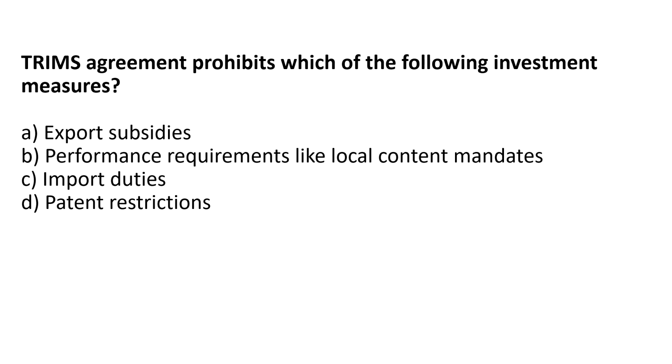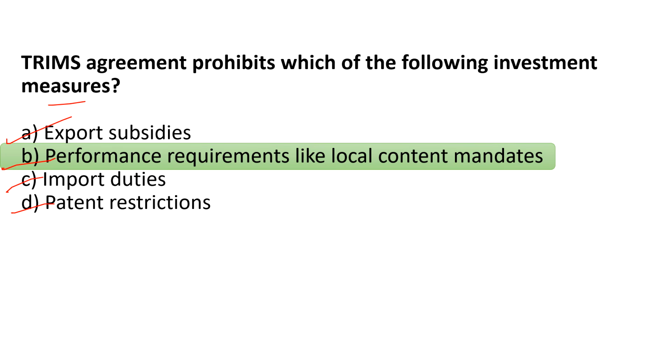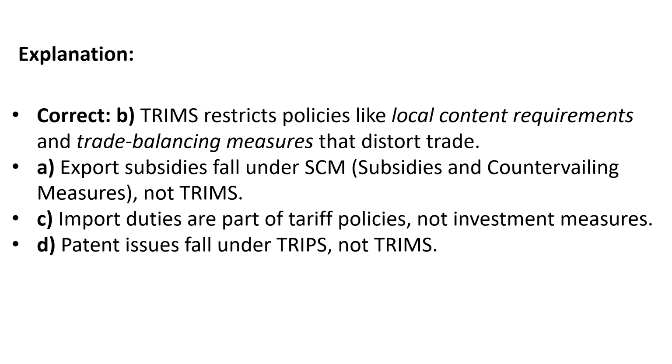Next, the TRIMS agreement prohibits which of the following investment measures? Export subsidies, performance requirements like local content mandates, import duties, or patent restrictions? It is related to performance requirements like local content mandates. TRIMS restricts policies like local content requirements and trade balancing measures that distort trade.